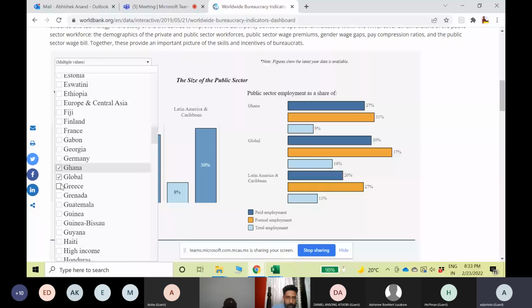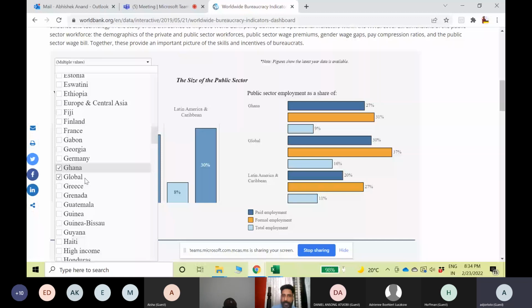We can continue to have global, because it would be nice to have a benchmark just to compare how Ghana fares when compared with the rest of the world. But we can also choose a country or a country group which you feel is a comparator with Ghana, because of course Latin American is very different from Ghana. So maybe we will not want to have Latin American here, but some other country.